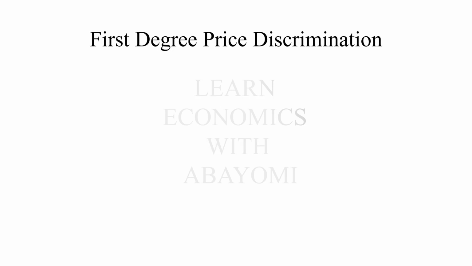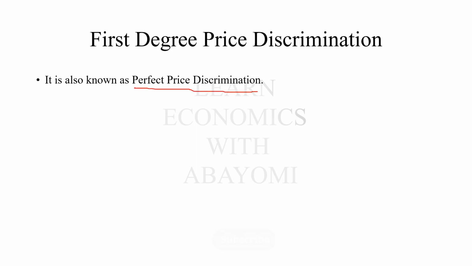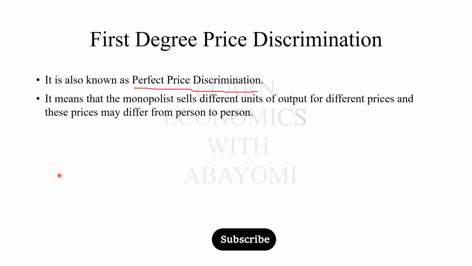Now, the first degree price discrimination. I'll be taking a look at each of the points under it and explaining as we go on. It is also known as perfect price discrimination, like I said earlier. It means that the monopoly sells different units of output for different prices, and these prices may differ from one person to another. Let me explain.